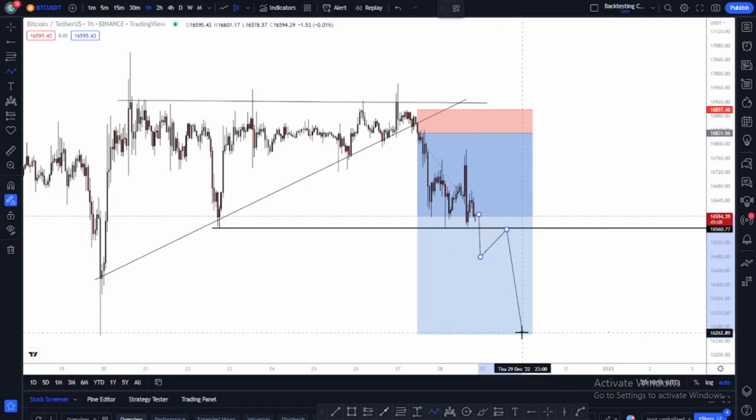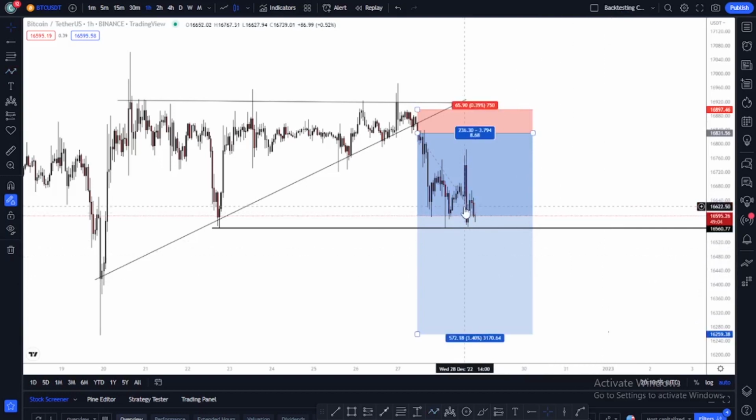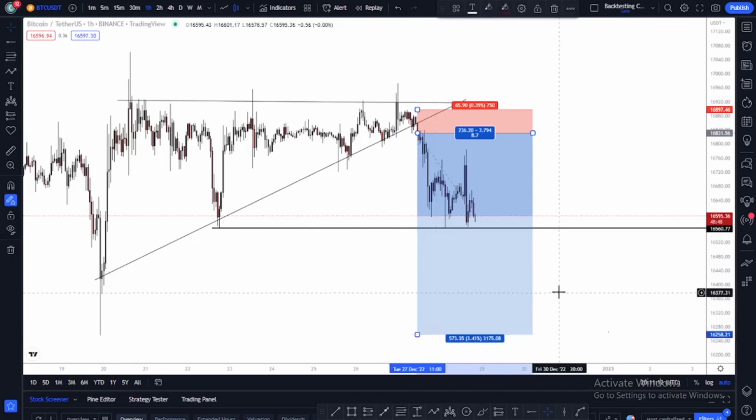Do you get me? Good. Which gives me a risk to reward. So for my first take profit, it gives me a risk to reward of 1:4. And for my second take profit, will give me a risk to reward of 1:8 or 1:8.7. You get me?